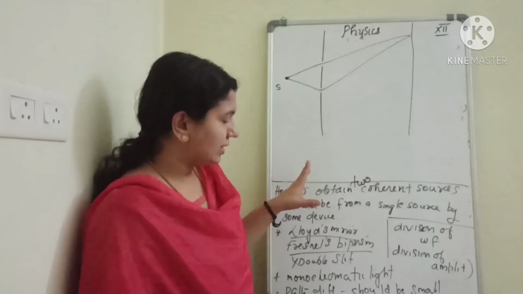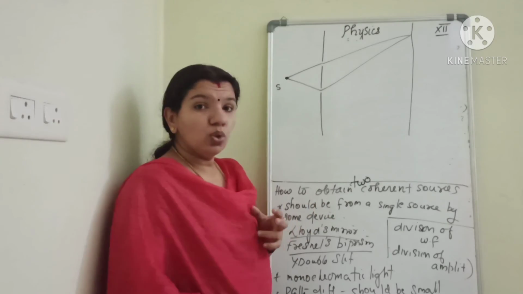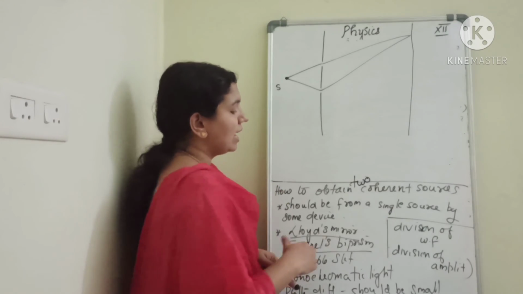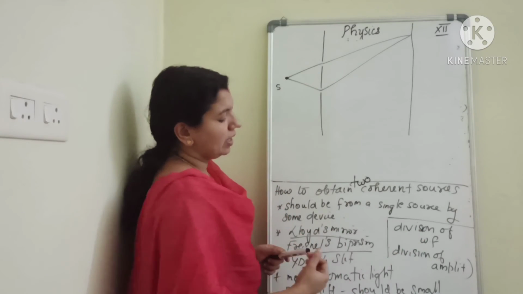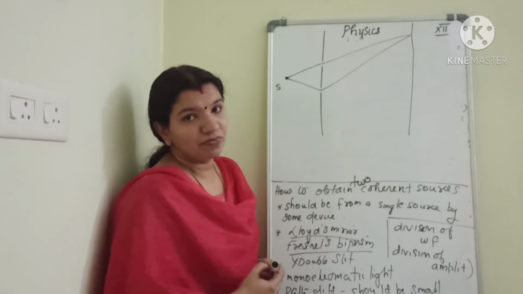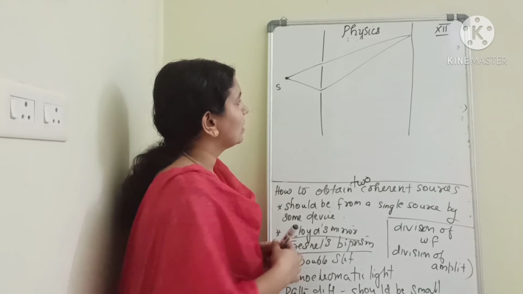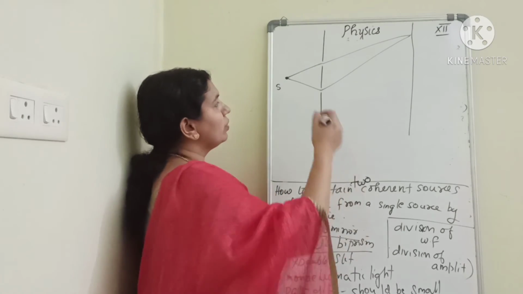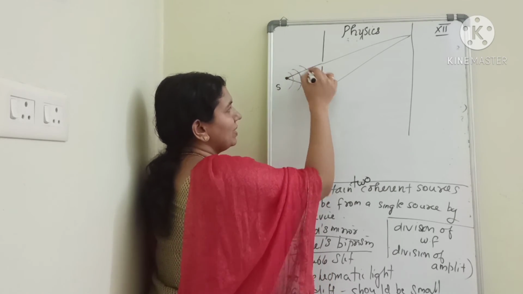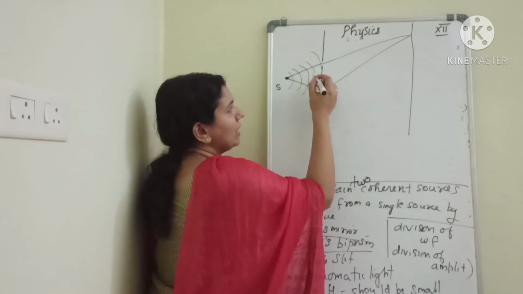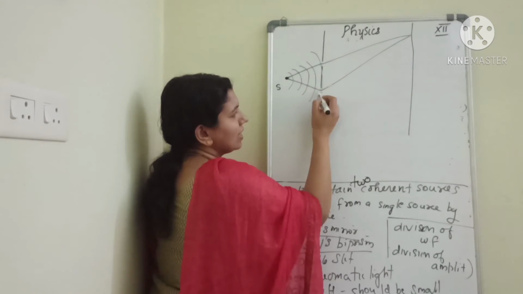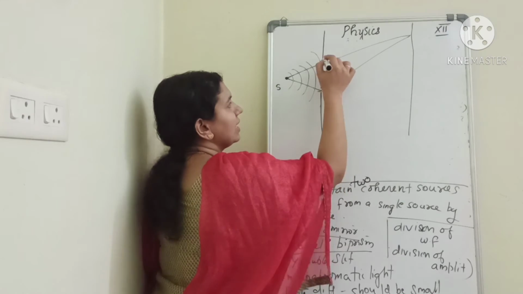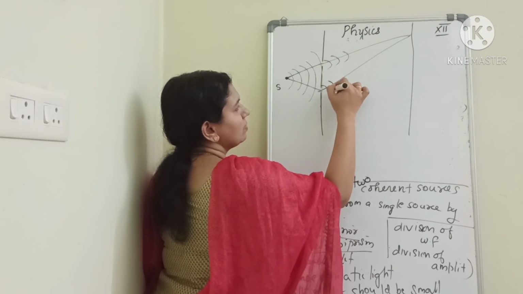These are the conditions. Then there are two methods by which we can obtain the coherent sources. One is division of wavefront, and the second is division of amplitude. What does it mean? If the light waves are moving from a single source, you know that wavefronts are also emitted like this, isn't it? But here the wavefronts are getting divided, and again this will move like this, this will move like this.